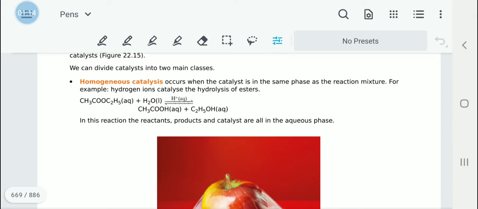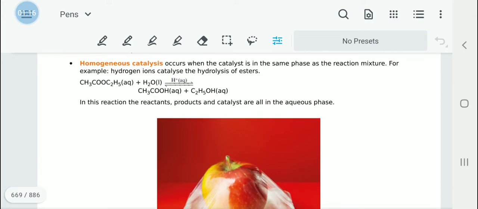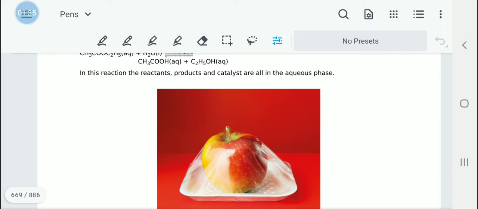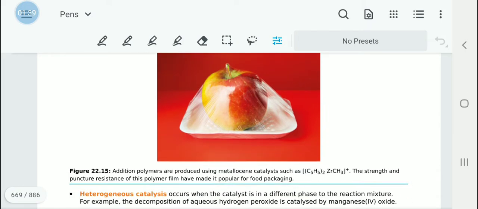So CH3COOC2H5 aqueous, when you add water to that, the H+ ions will make it into CH3COOH and C2H5OH.